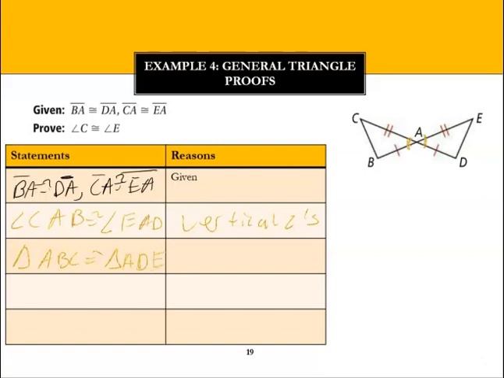Go ahead and choose the reason there. That was side angle side. And then we have the last piece, angle C is congruent to angle E, what I was asked to prove. And the reason there is corresponding parts of congruent triangles are congruent.